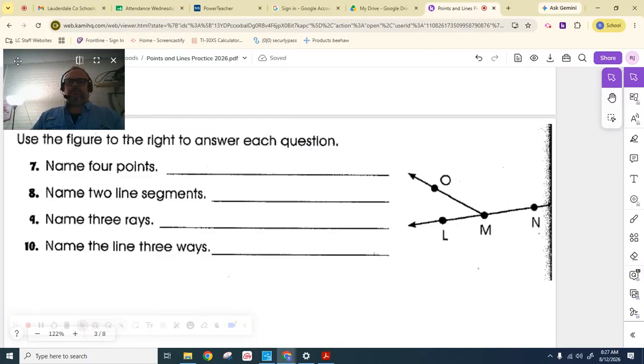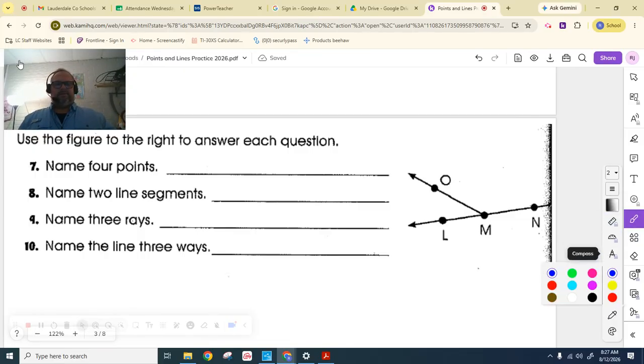All right. So, name 4 points. So, we have points. You could have named them in any order, it doesn't matter, as long as you got all 4.